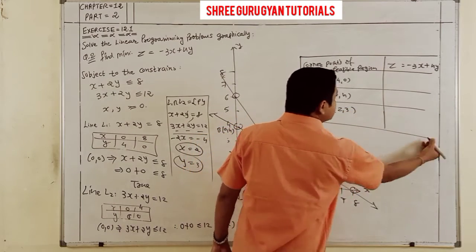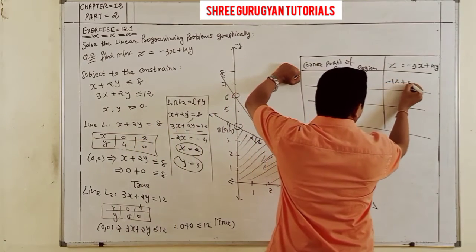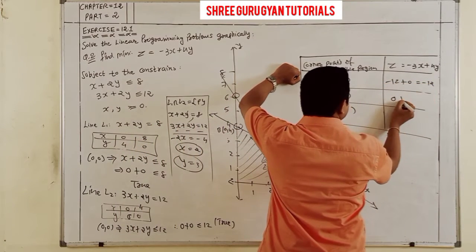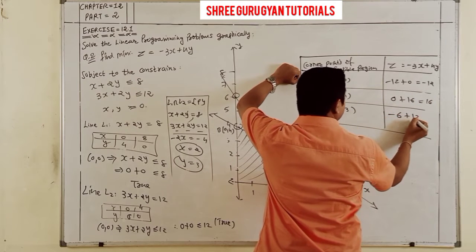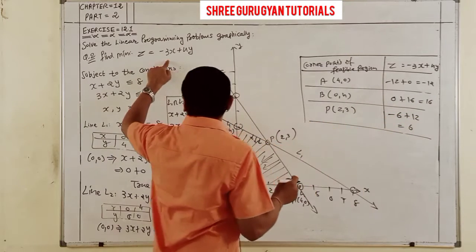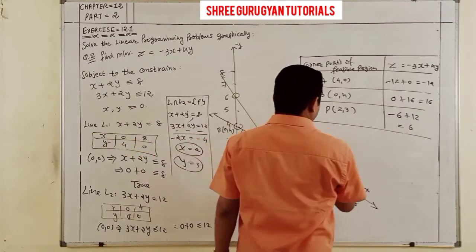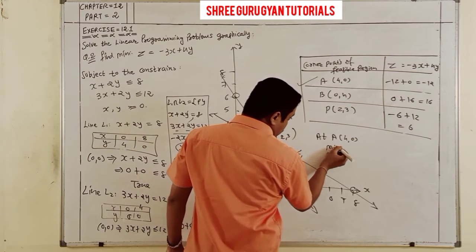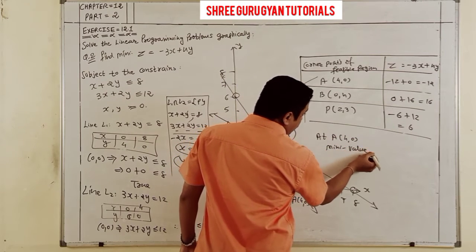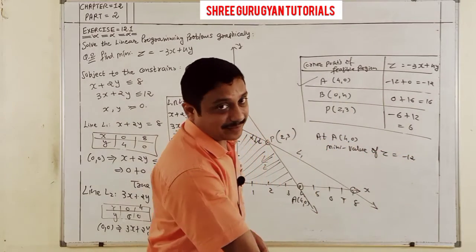At A, -12 + 0 is -12; at B, it is 16; and last one, -6 + 12 is 6. But I want the minimum answer, so at A (4, 0) the minimum value of z is exactly -12.